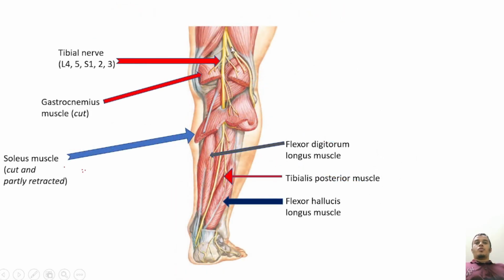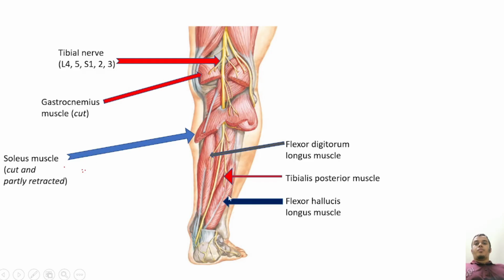If we see the course of the tibial nerve, it passes through the gastrocnemius muscle. We see the cut end of gastrocnemius. Then through the soleus muscle, we see the cut end of soleus, and over the tibialis posterior muscle. We also see another two muscles of the posterior aspect of the leg, flexor digitorum longus and another muscle.